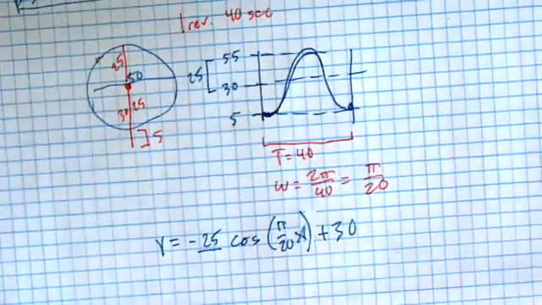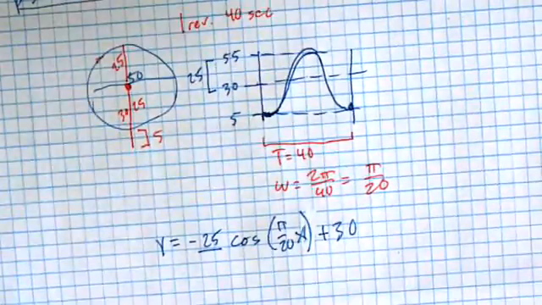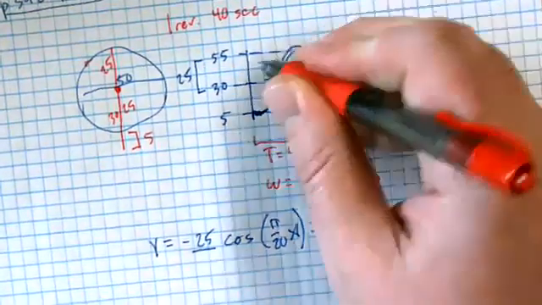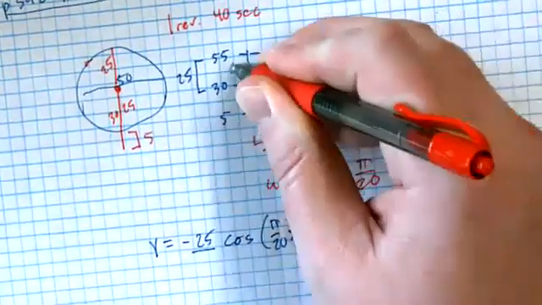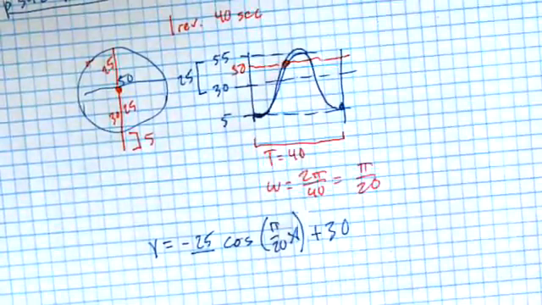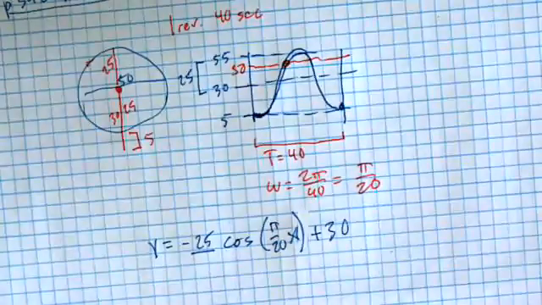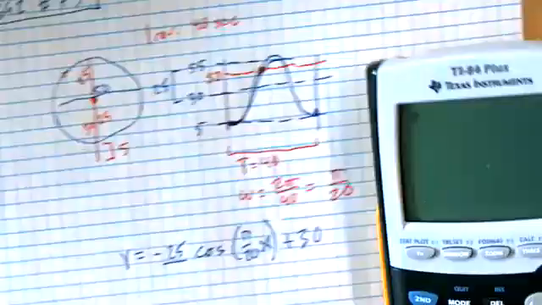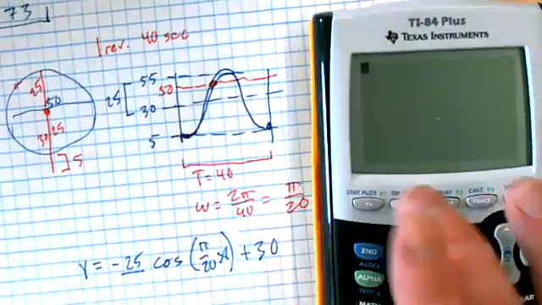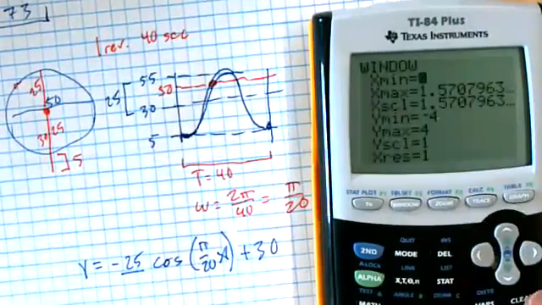So calculators, right? I'm going to graph it. We'll graph this function. We'll also graph a horizontal line at 50, and we'll look for this intersection right here. All right, let's see here. I'll set up my window first. That's a wacky looking window.